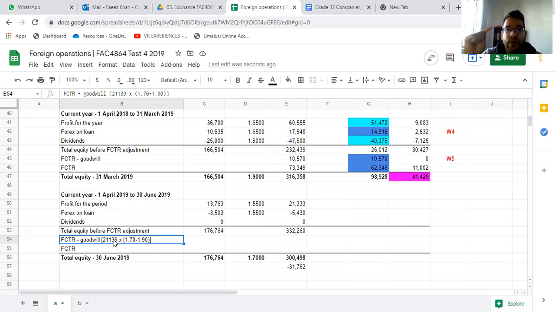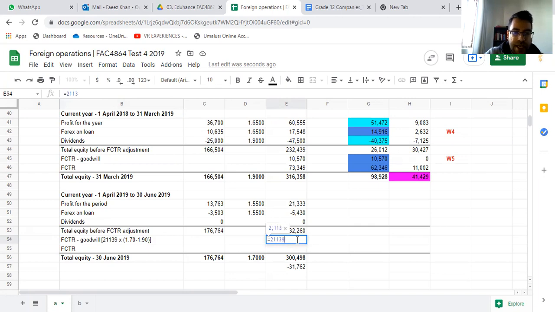Our period is 1 April to 30th June 2019. You start off with the closing rate, 30th June 2019, which is 170, and then subtract the opening rate, which is 1 April 2019. Remember, 1 April and 31 March 2019 are the same thing. So we will say 21,139 multiplied by the closing rate minus the opening rate.